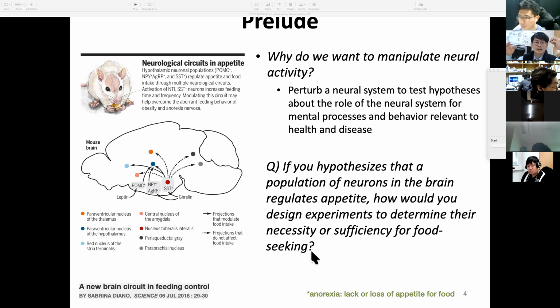We also will talk about genetic manipulation, which is perturbing endogenous genes. We can have specificity in our target by expressing genes in particular types of neurons.